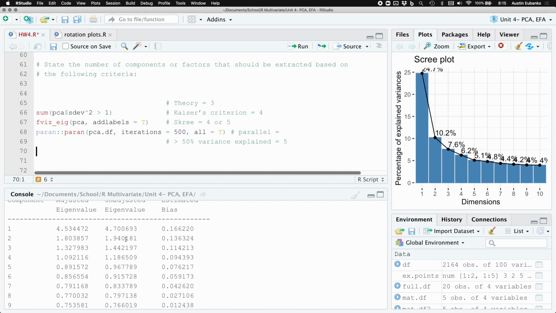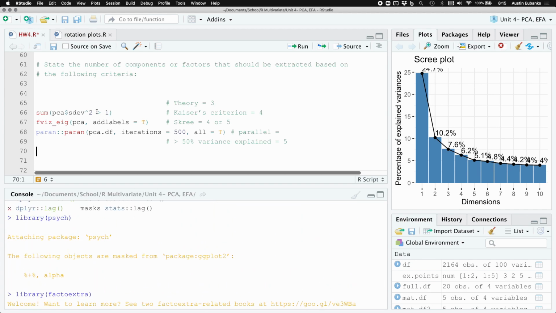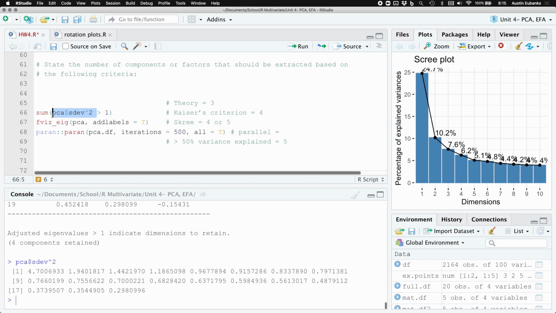Well, this should have yielded 4. Yeah. And that is really strange. Oh.